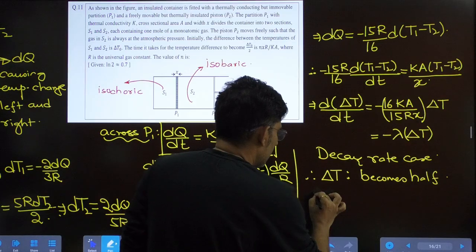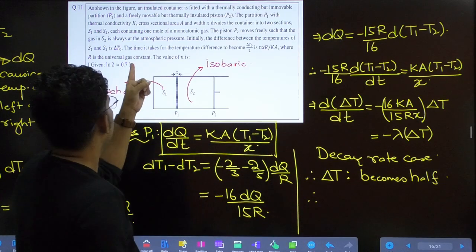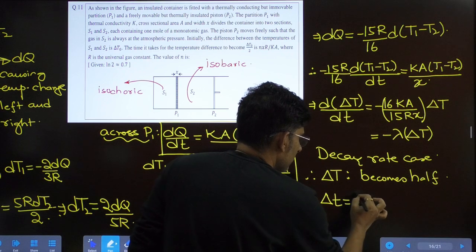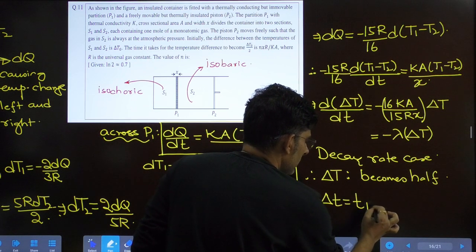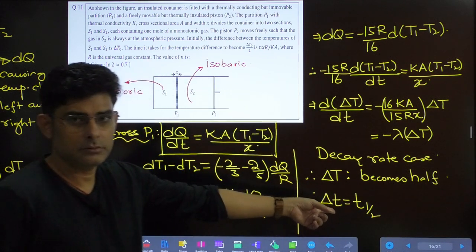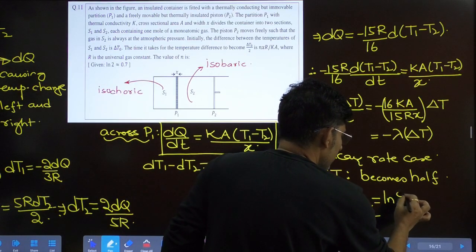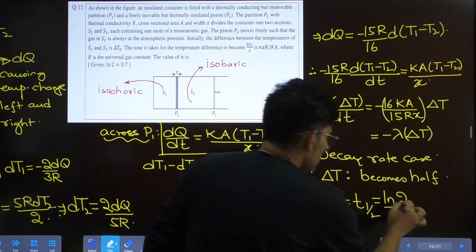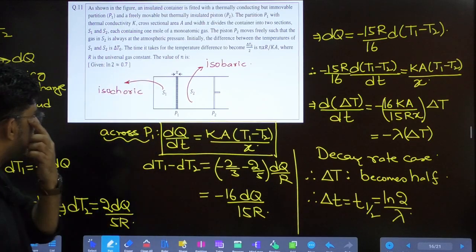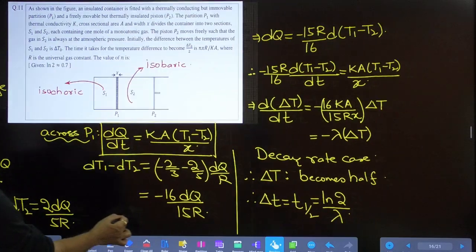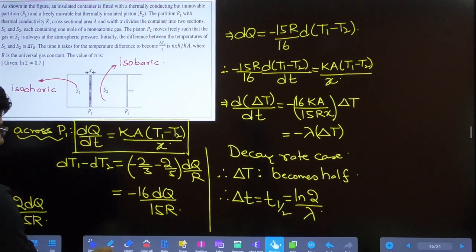So the time taken, which they are asking for, will be nothing but T half. Understood? And what is the formula for T half? It is natural log 2 upon lambda. So just substitute what we have in place of lambda and we are ready with our answer.